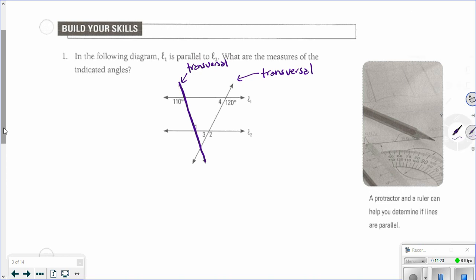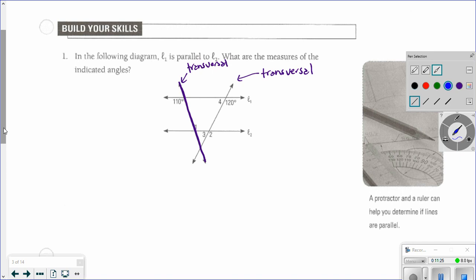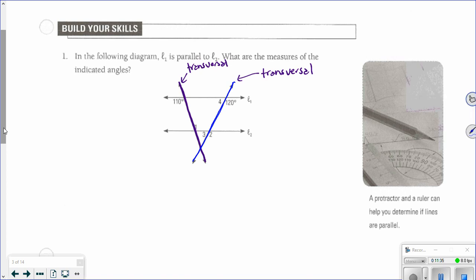So I'm going to use a different color for this side. This transversal has to do with angles 120, 4, 3, and 2. On the other side, the 110 and the 1 are part of the same thing. So angle 4 has nothing to do with that 110. They're not corresponding angles.